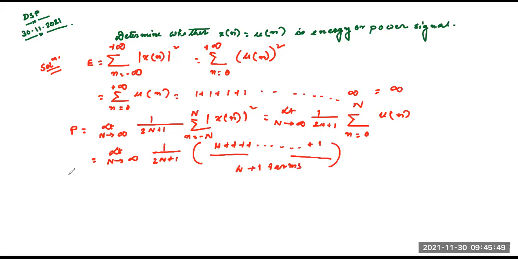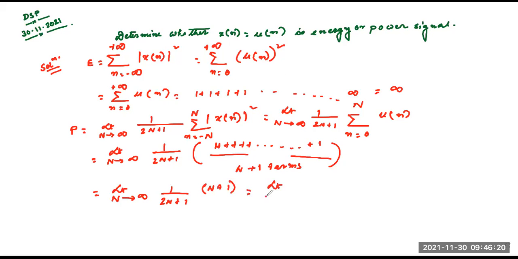Okay. So that is equal to limit N tends to infinity 1 by 2N plus 1, into N plus 1.